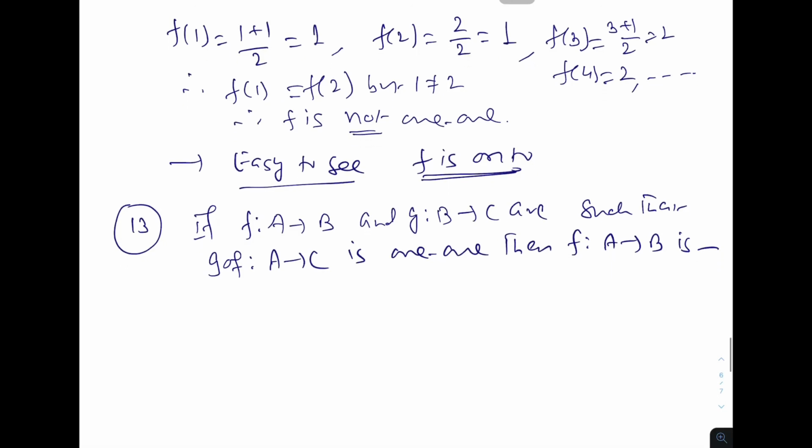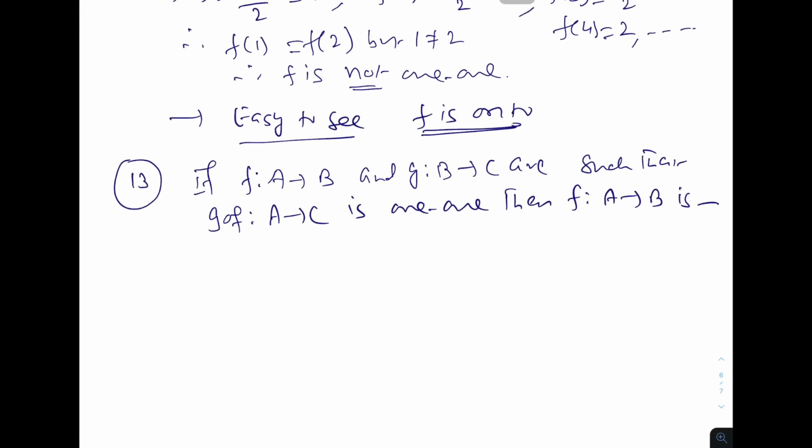Now the options are given, say one-one, onto, or kind of things. GOF is given to be one-one and you want for F, so we definitely prove that F is one-one.